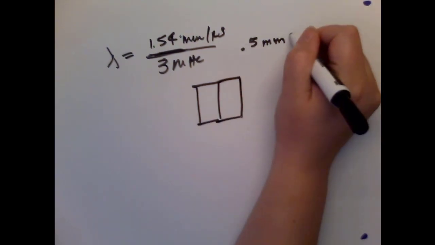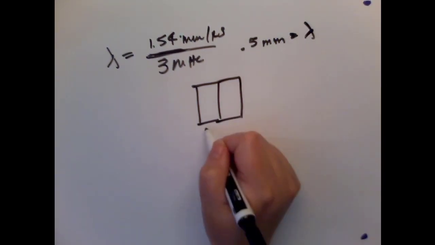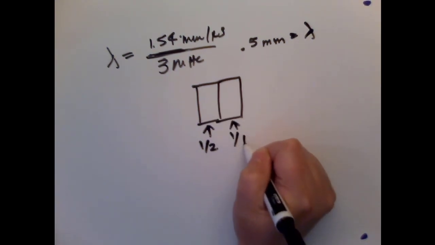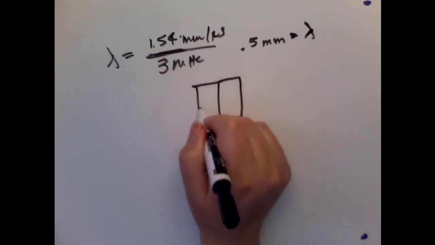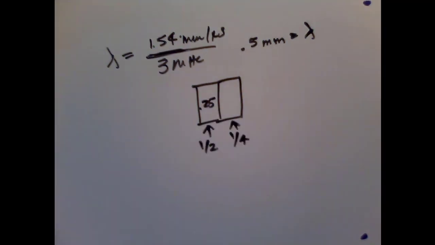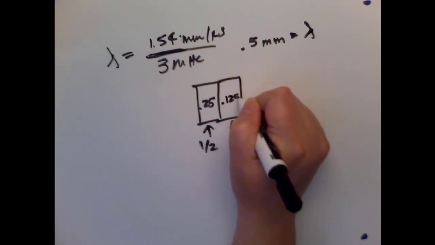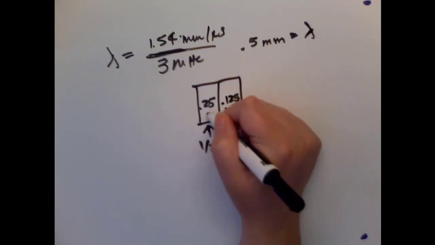So if our wavelength is 0.5 millimeters, then our PZT crystal is half of that, and our matching layer is 1/4 of that. So 0.25 and then 0.125 millimeters.